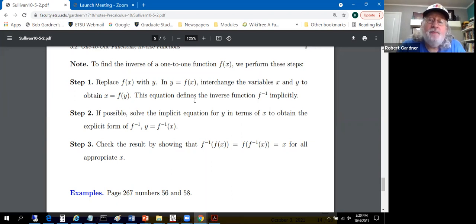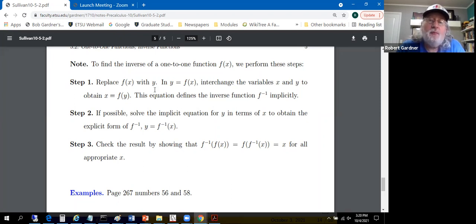In so doing, this defines the inverse function. Implicitly, well, if you can do the solving of the equation, then you can explicitly find the version of f inverse. So solve that implicit equation for y in terms of x, having interchanged the two, to obtain f inverse as a function of x.